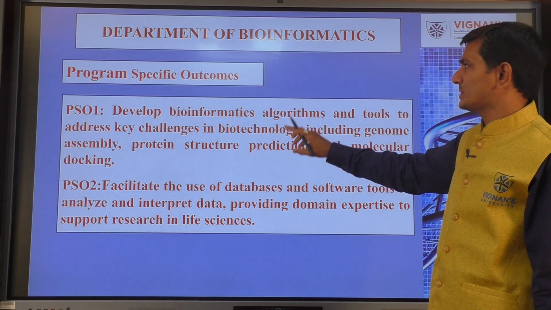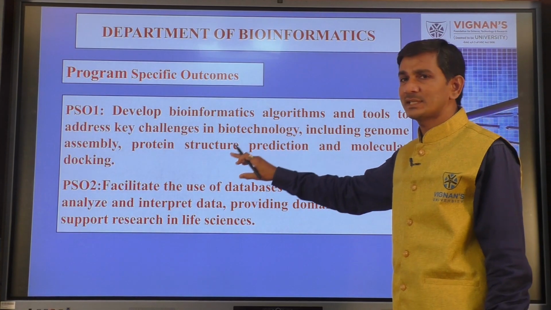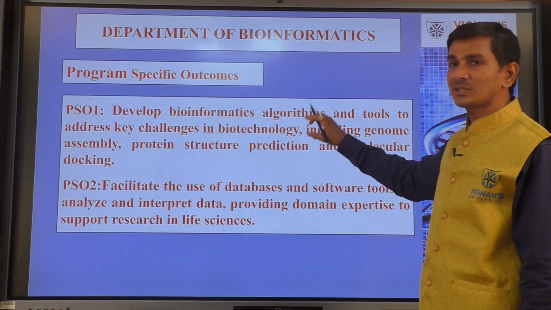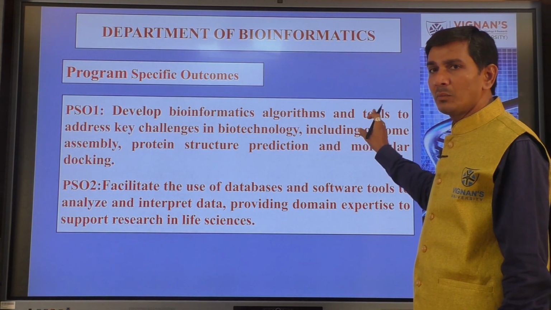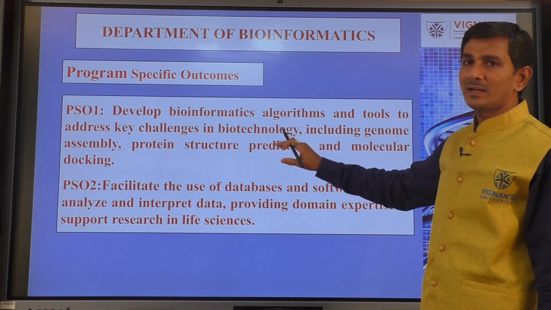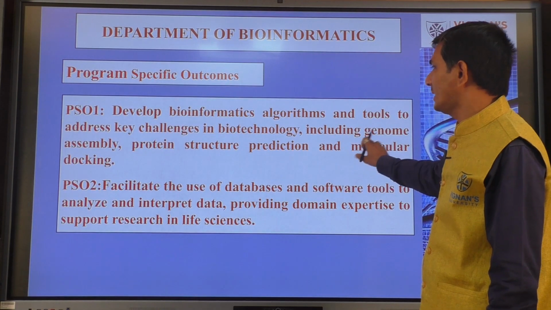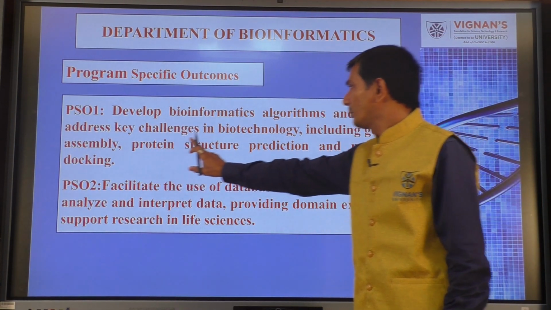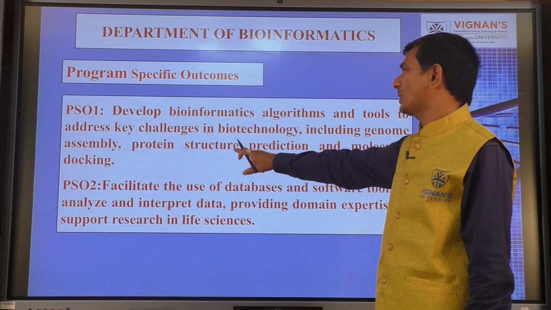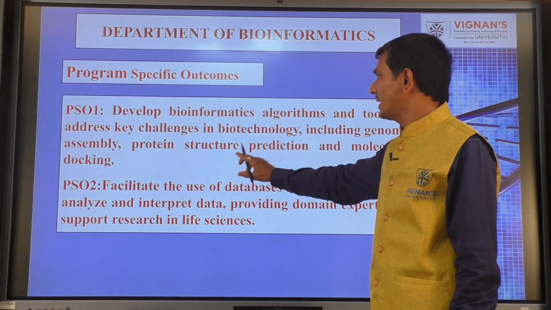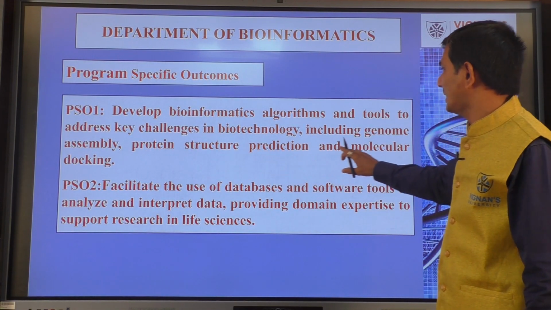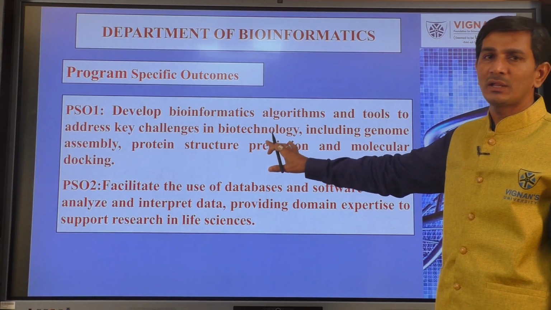So PSO 1 mainly focuses on developing bioinformatics algorithms and computational tools to address key challenges in the field of biotechnology, including genome assembly and protein structure. As we know, protein has 4 conformations: primary, secondary, tertiary and quaternary structure, followed by molecular docking.